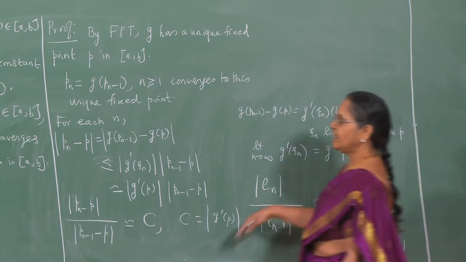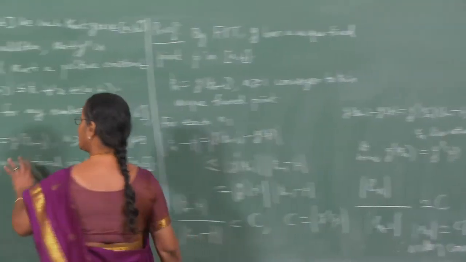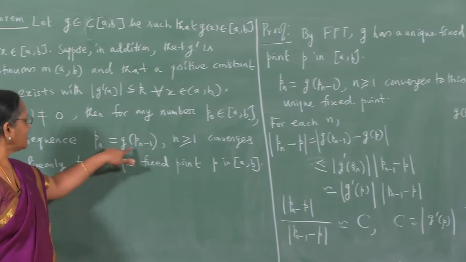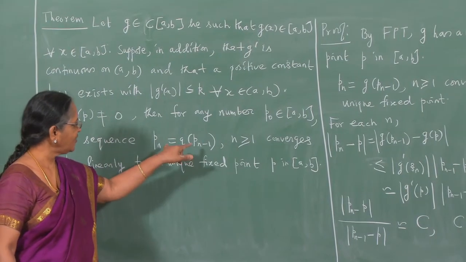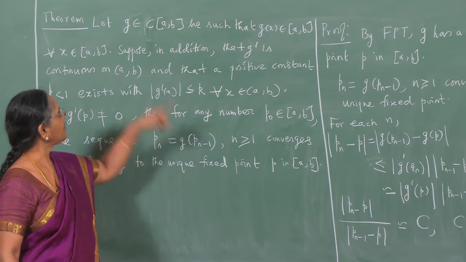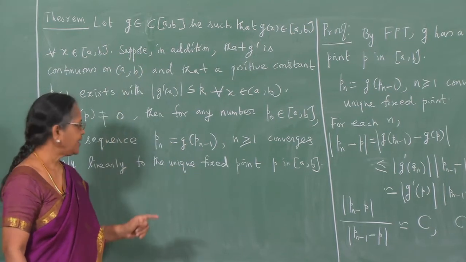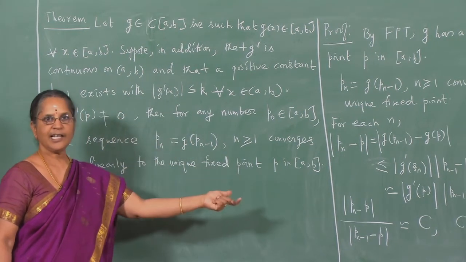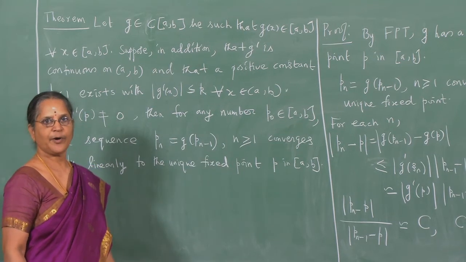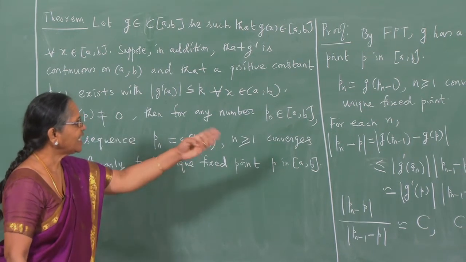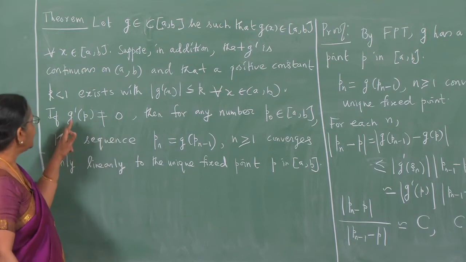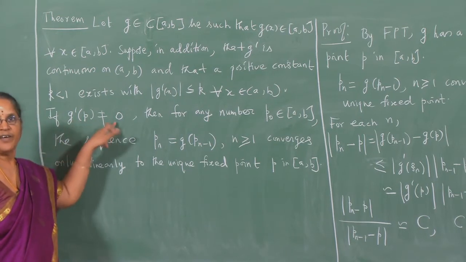So, the method which generates a sequence of successive iterates and which converges to a unique fixed point for the function g converges linearly to the unique fixed point. What is the condition that we have used? g'(p) is different from 0.